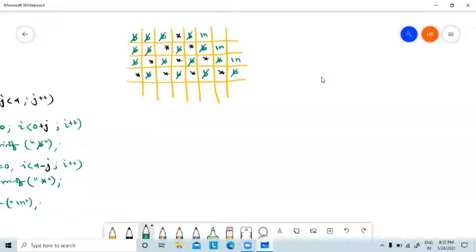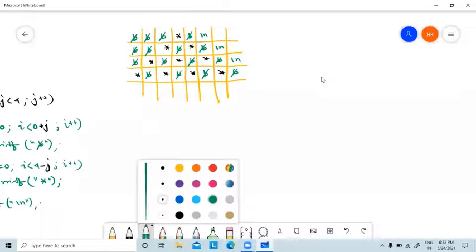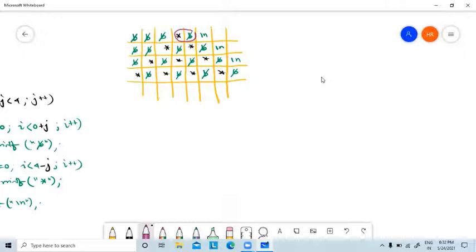So the star is not a single character. When you are printing a star, only the star is not printed. A star is always accompanied with some blank space. It is a combination like this: star then blank, star blank, again star blank.